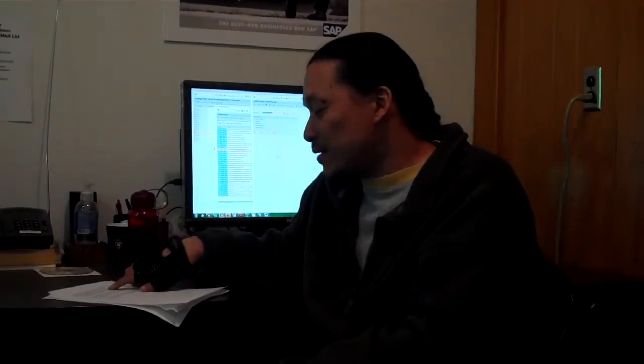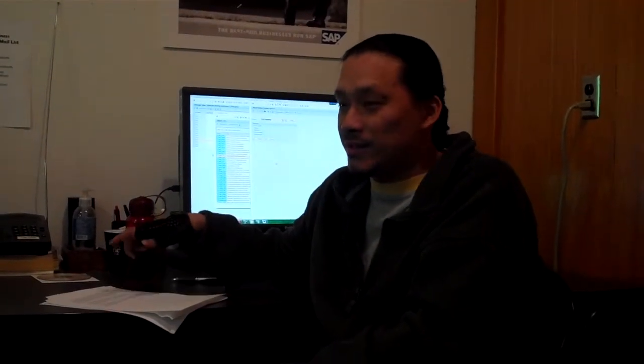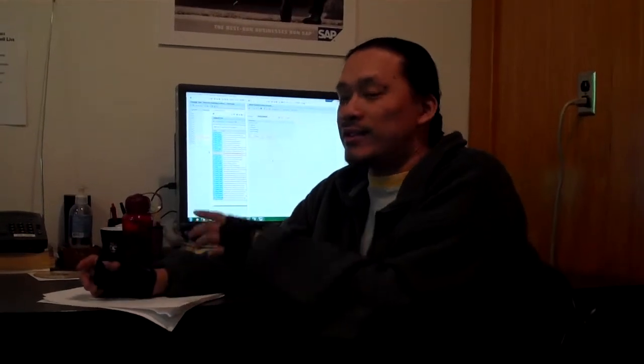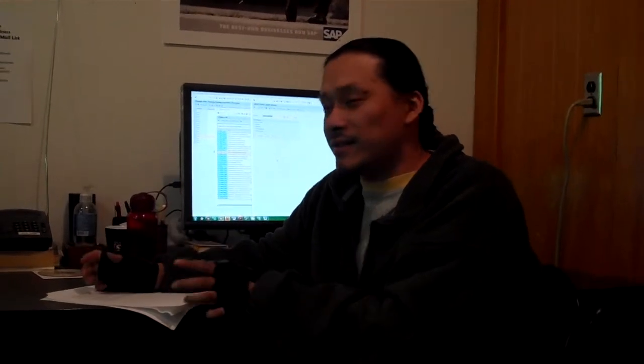And the reason why the default is just D, the D stands for dialog. So if that server only ran dialog processes, it would only be able to serve the people logging in through the SAP GUI. But because the server that we installed on is the central instance, it has to have all those other services too. Okay. So that's why, yeah.